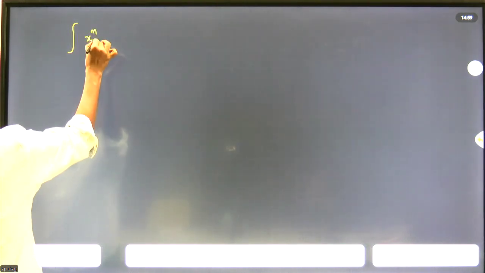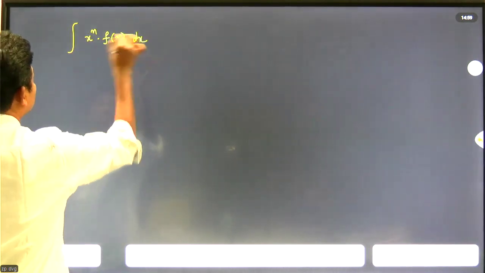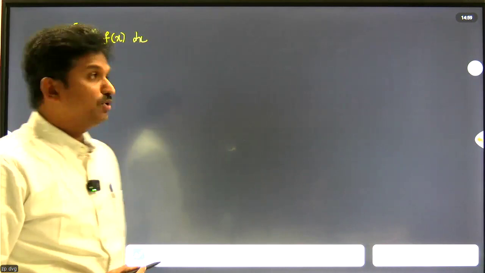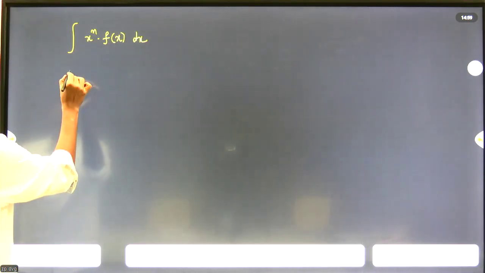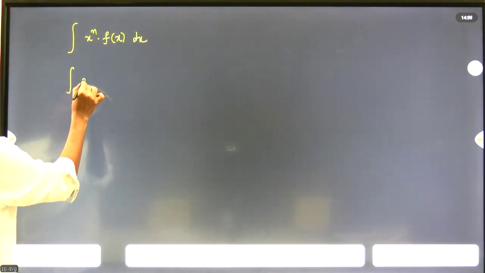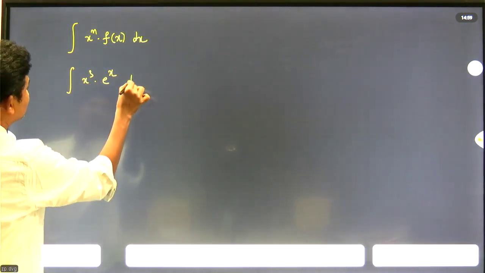So, for example, if the given question is of this form: integral of x power n into f of x dx, then this shortcut trick works. For example, suppose the question is like this: integral of x cube into e power x dx.